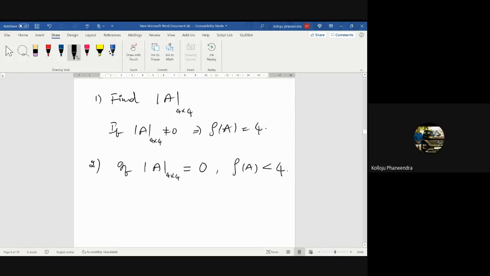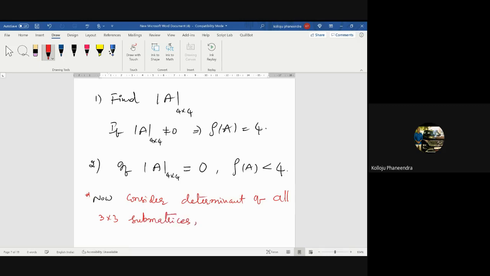Now, this is important. Consider the determinant of all 3 by 3 submatrices.